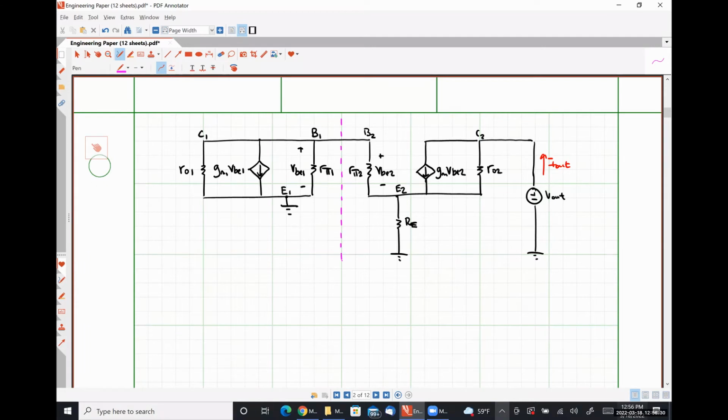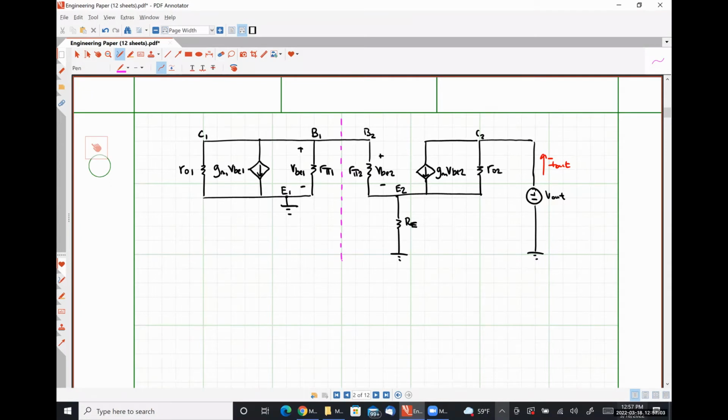Are we okay with that? We've done it before, so it seems reasonable, like we should be able to do it again. Under the assumption that 1 over GM1 is smaller than R pi 1 and smaller than R naught 1, we can treat everything to the left of that pink line as just 1 over GM1. Because we know that whenever we have resistors in parallel, they're going to be smaller than their smallest contributor, right?